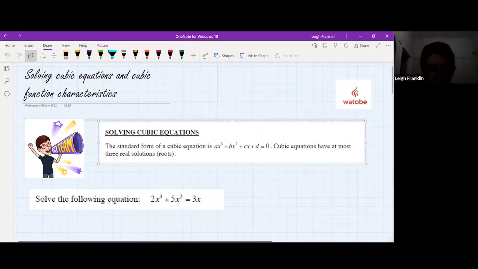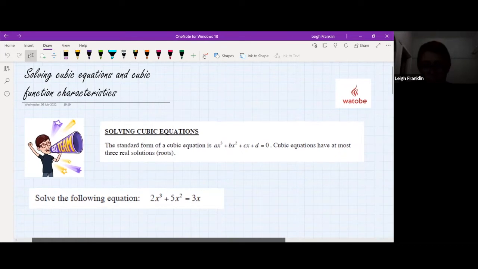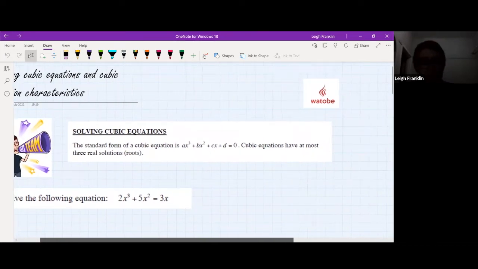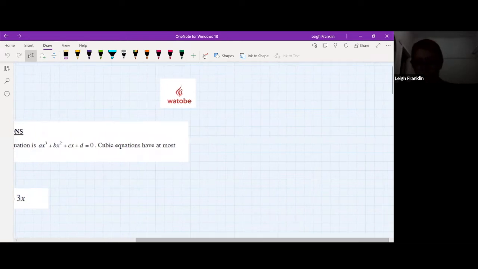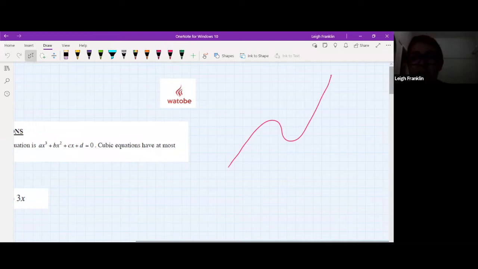Before we jump into that, I just want to point out, like it says here, cubic equations have at most 3 real solutions, but they have to have 1. So it has to have at least 1, and it can have as many as 3. It can also have 2. So if I take a cubic function that is shaped like this, I'm going to draw 3 different lines here.